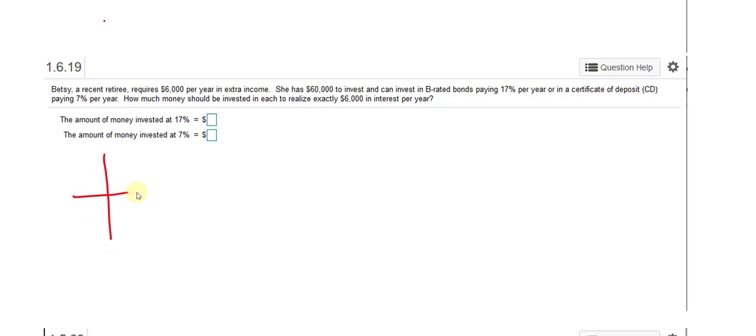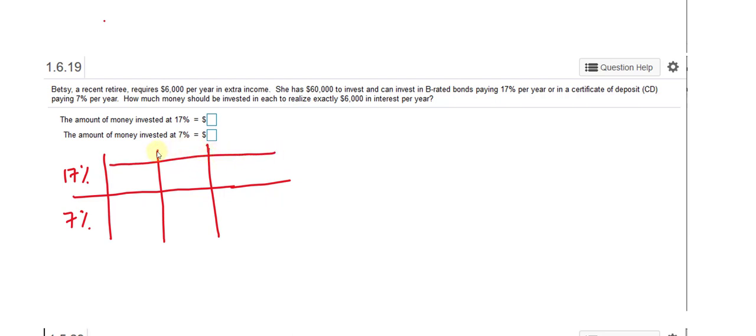Okay, so we have two different accounts here. One is the 17% account. The other one is the 7% account. Now this is the interest rate problem. So we can see that there's the time, there is the rate for the interest rate, and there's the interest earned after a certain amount of time, a year.